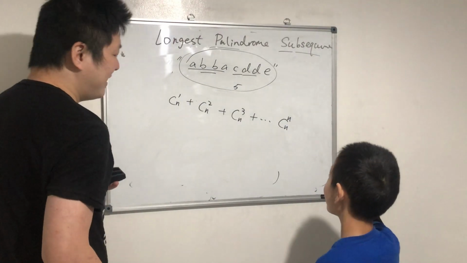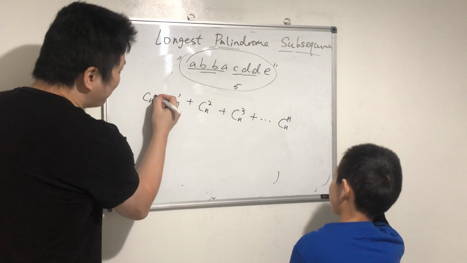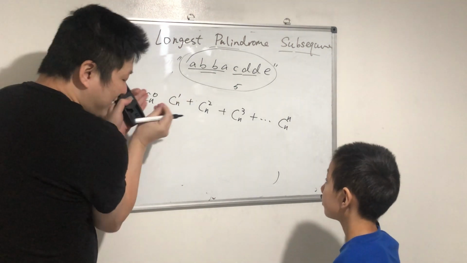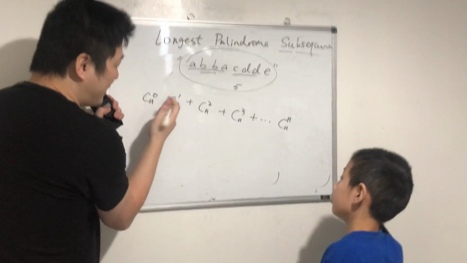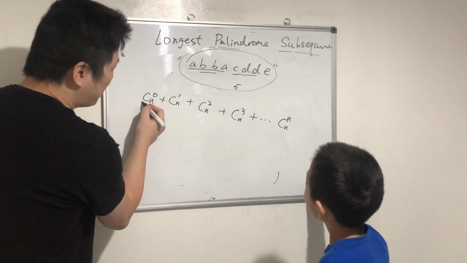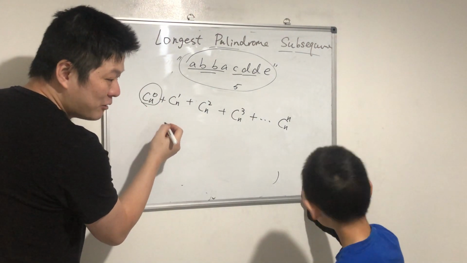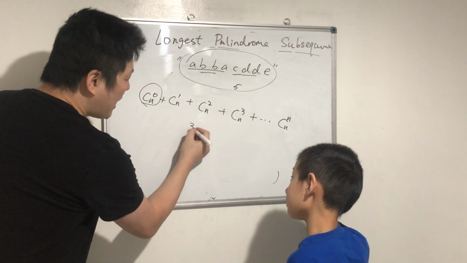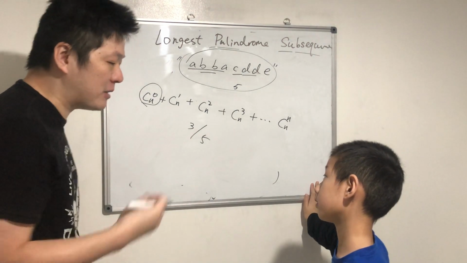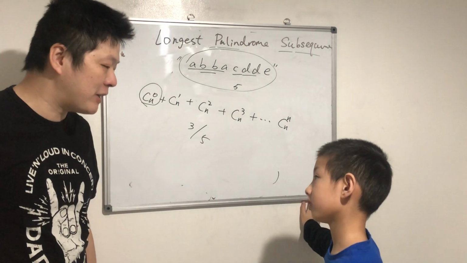And possibly picking 0 out of n, which is the empty subsequence. So when you add these up, remember this combination? Do you remember? 3 apples out of 5. I want to pick 3 apples out of 5 apples. How many ways can I do it?